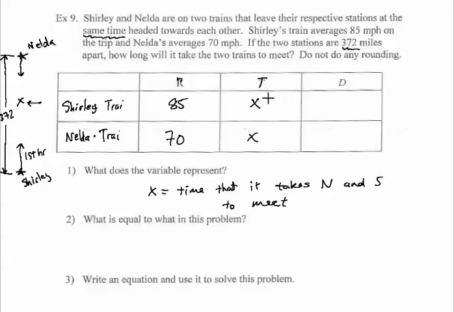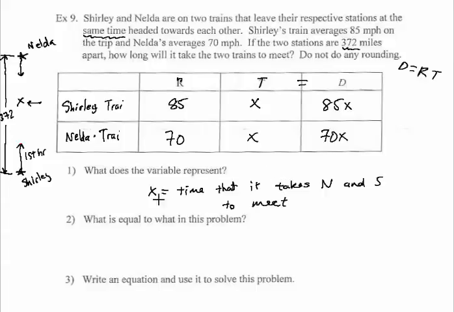So what we're going to do instead is say, well, we can calculate D because we know the R and the T. Our columns are based off of the formula D equals RT. So we can take what's in the rate column and the time column, multiply it together, and at least get an expression for the distance. And we do the same thing for Nelda, and we get a 70x. And at this point we've completed the table.